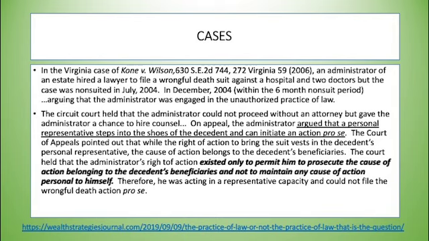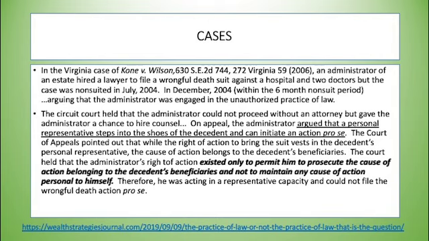So an administrator's right to action only exists when you're talking about the administrator himself being brought up on any charges. But he can't represent the hospital because he's not an attorney and he wasn't hired by the hospital to be its attorney, and was not brought in that way.